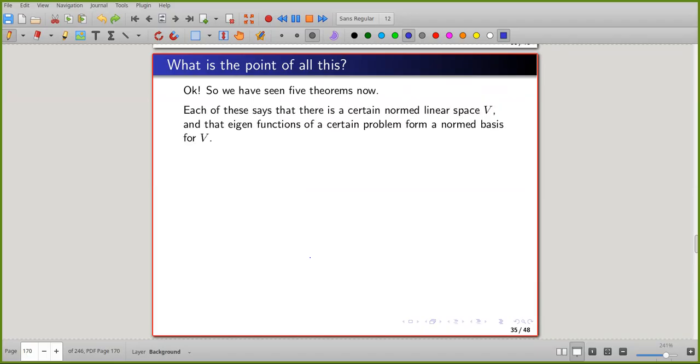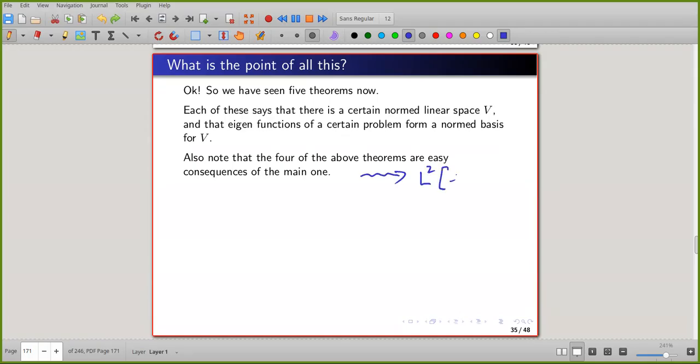Each of these says that there is a certain norm-linear space V, and that eigenfunctions of a certain problem form a norm basis for V. Also note that 4 of the above theorems are easy consequences of the main one, which is of course a deep theorem, the theorem we stated about L2 of minus 1 comma 1: that 1, cos n pi x by L and sine n pi x by L form a norm basis for L2 of minus 1 comma 1.